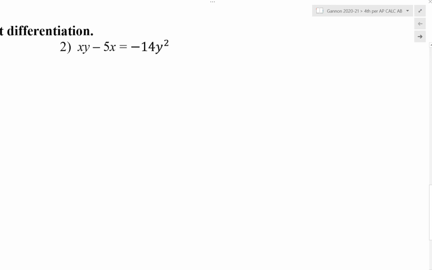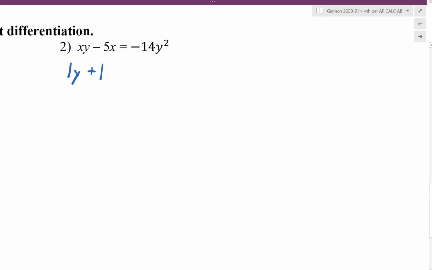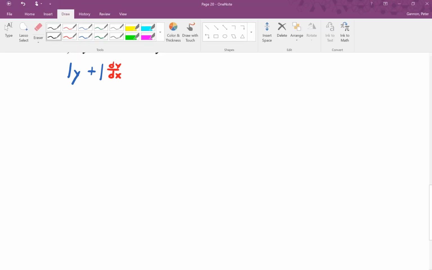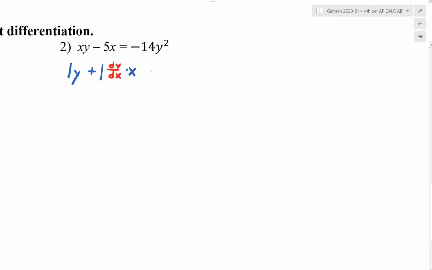The first thing I'm going to do is take the derivative of x, which is 1, times y, plus the derivative of y, which is 1 dy dx, and then times x. That is going to be the derivative of xy.